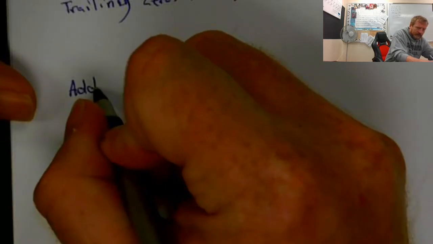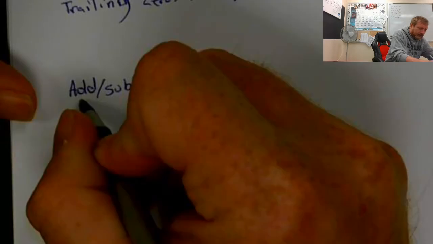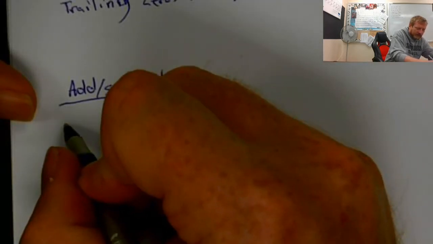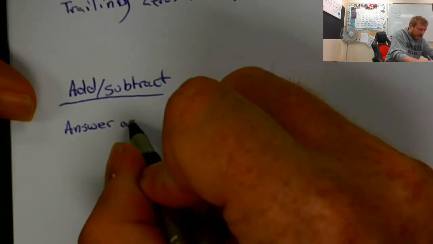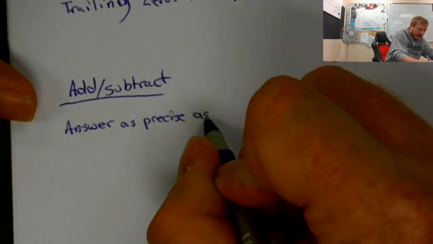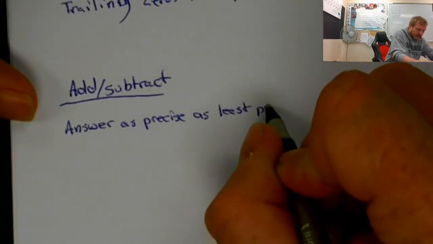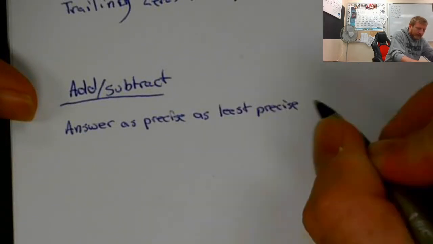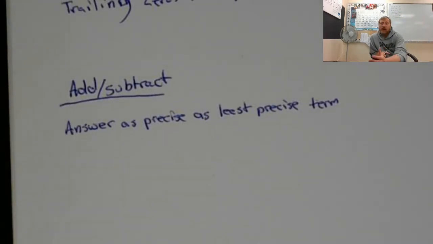In adding and subtracting, the rule is our answer can only be as precise as our least precise term. And what I mean by precision is what decimal place does it go down to?